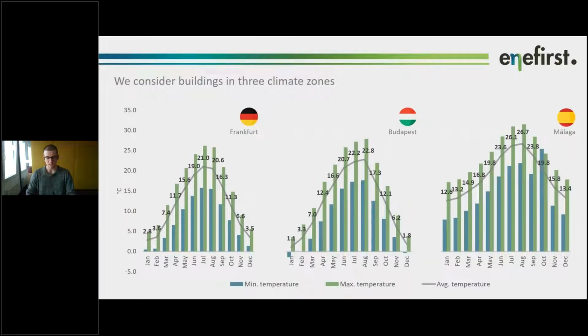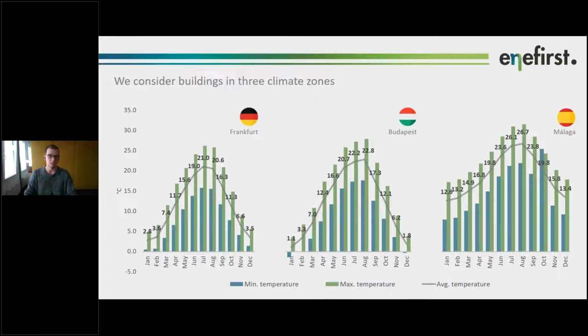And then, as I said, we apply this archetype to 3 countries, which then has implications for the cost of energy, for weather conditions, and other aspects. In particular, we look at the city of Frankfurt in Germany, the city of Budapest in Hungary, and the city of Malaga in the very south of Spain.